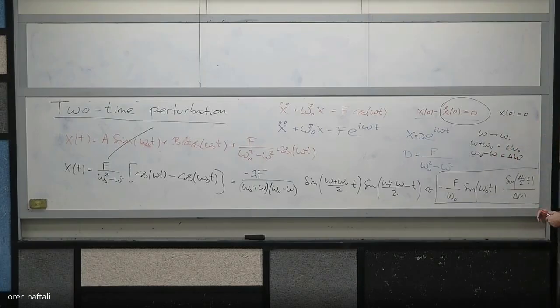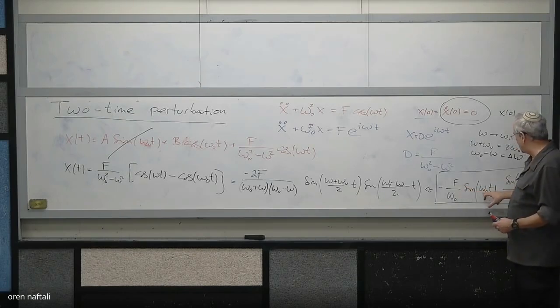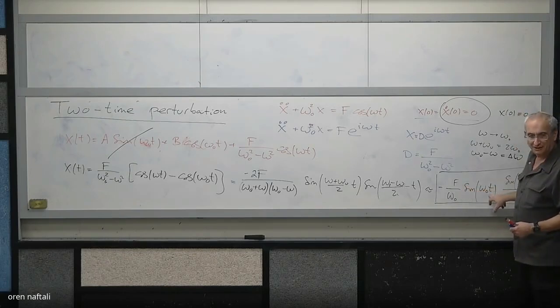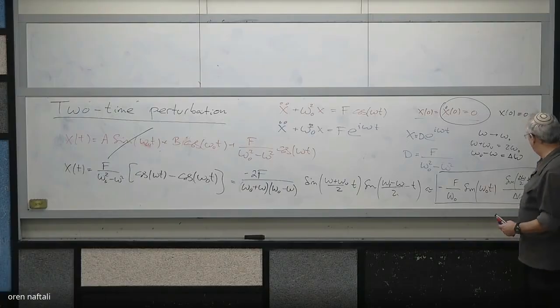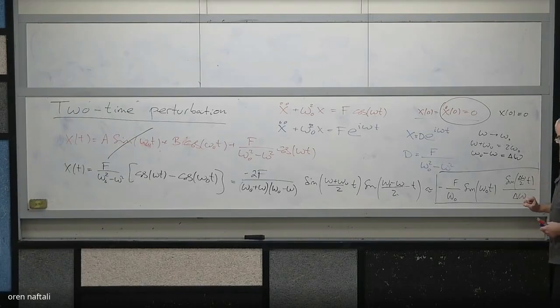Now, the first part is just a sine function, right? And now the question is how this thing behaves as delta omega goes to 0. You see that it's not enough that delta omega goes to 0. What is the actual condition?